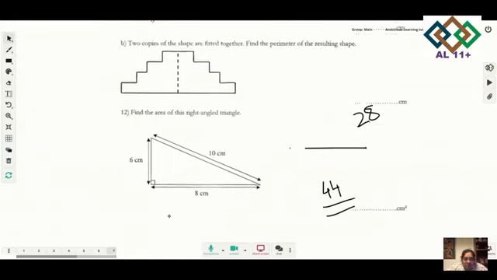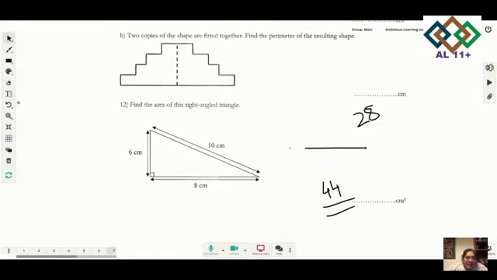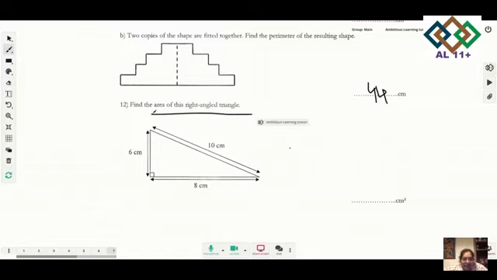Let's move on. I like these angles ones. So let's find them now. You know this one is 44, there are 2 shapes in this one. We did this. Now you need to find the area of the right angle triangle. That's an easy one.